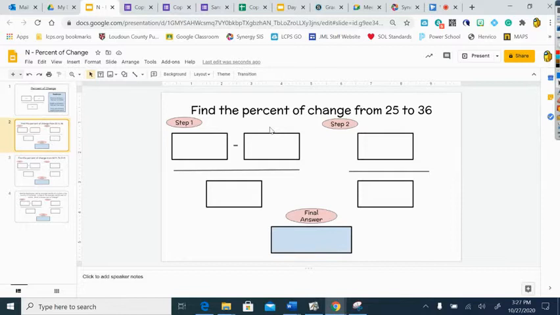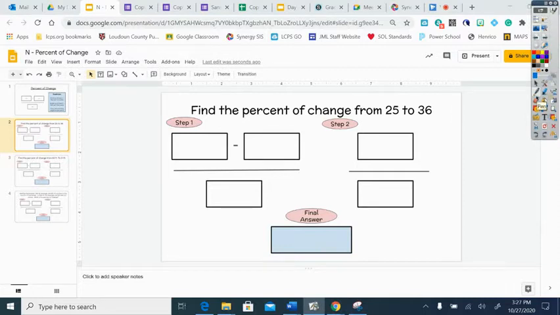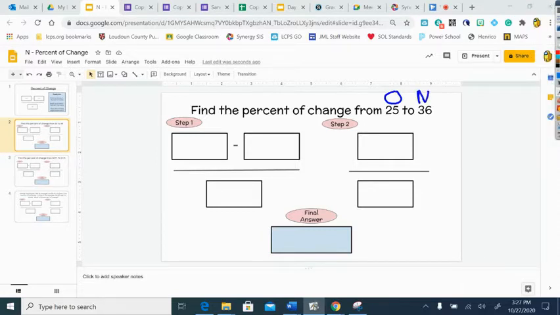The first problem says, find the percent of change from 25 to 36. Well, if I'm reading this, it went from 25, which was the old, and our new is 36. So if I went ahead and did this, I would have to do my new minus my old, 36.